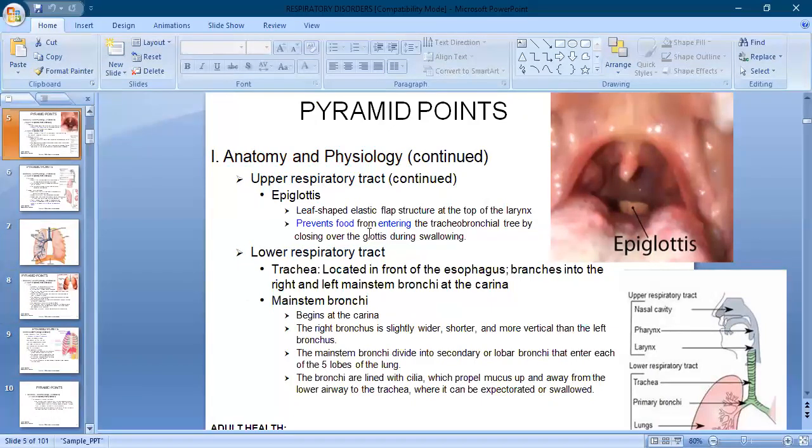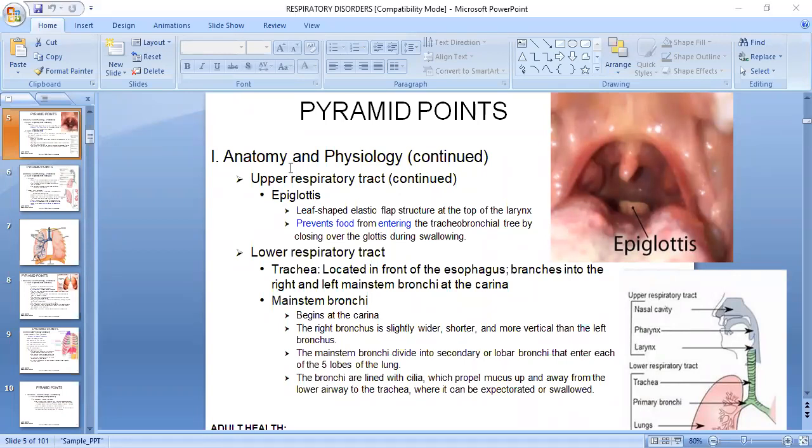So here we go, the lower respiratory tract now, which consists of the trachea, primary bronchi, and lungs. The trachea is located in front of the esophagus. From anterior to posterior, the respiratory tract is in front, then the gastrointestinal tract.